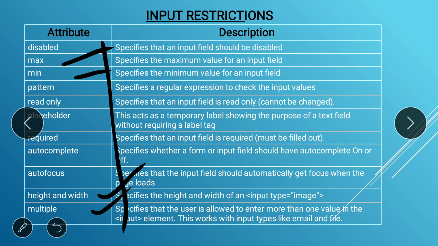Some attributes are new for us: disabled, pattern, read only, placeholder, required, autocomplete, autofocus. In the next lecture we will learn about those attributes, see programs on them, and see their output.